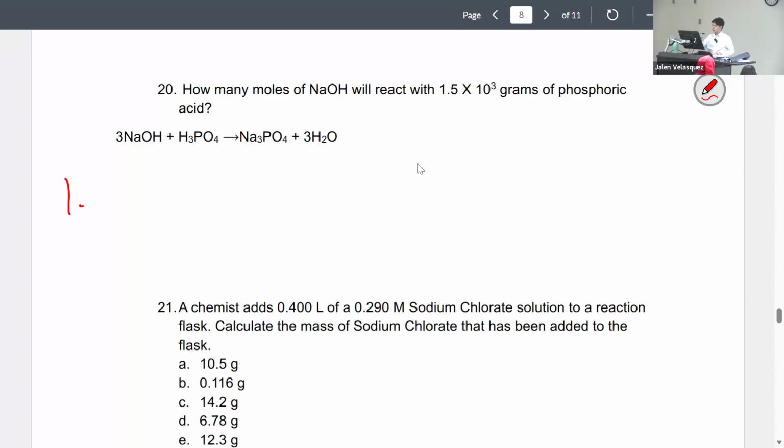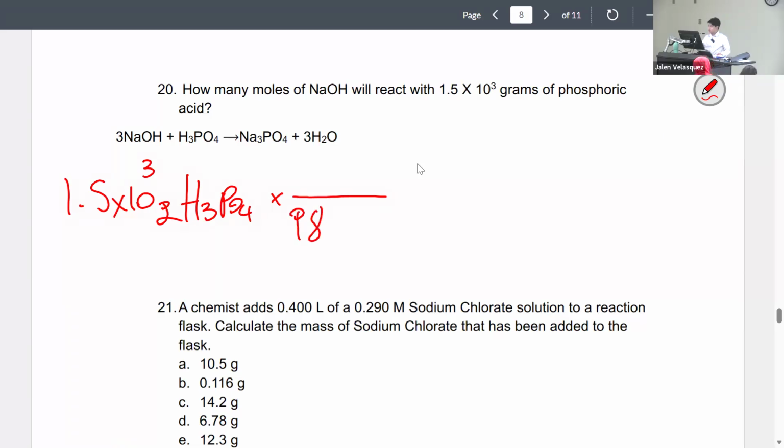I have 1.5 times 10 to the 3. In other words, this is 1500 grams of phosphoric acid. Convert grams of phosphoric acid to the moles, so use the molar mass.